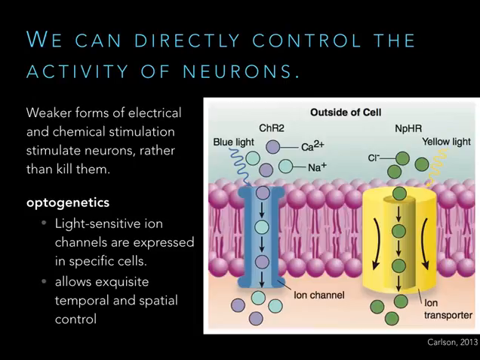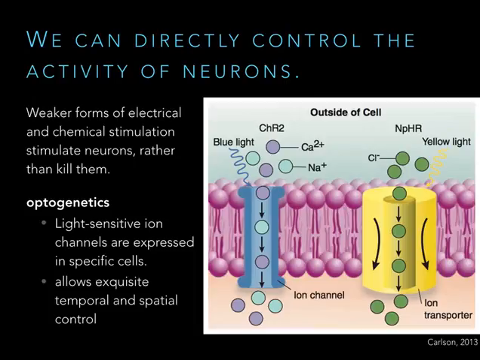The details don't matter. What we need to appreciate here is that we can put these light-sensitive ion channels into neurons, and then we can either shine them with a blue light if it's ChR2 there, or a yellow light if it's NpHR. Okay, these are two different light-sensitive ion channels.